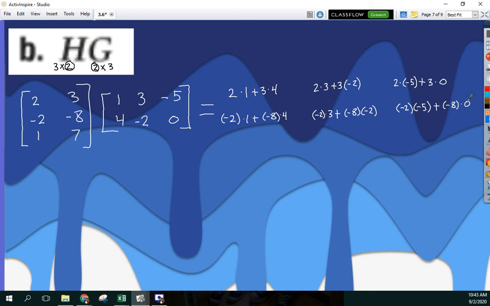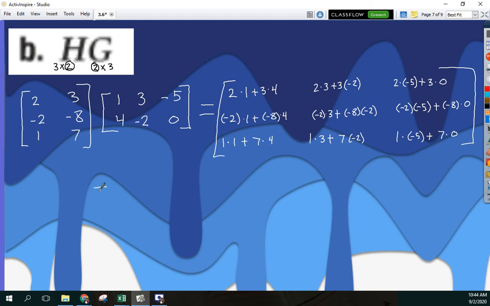Moving on to our last row in our first one, we have 1 times 1 plus 7 times 4, 1 times 3 plus 7 times negative 2, and then 1 times negative 5 plus 7 times 0.